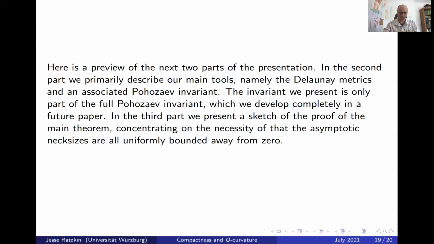And this Pohozaev invariant is actually only part of the full Pohozaev invariant, which I'll talk a little bit about as well. And then in the third part, I'm going to sketch a proof of the main theorem. And I will concentrate in that sketch on why it is necessary to bound all of the neck sizes away from 0. What does that mean geometrically?